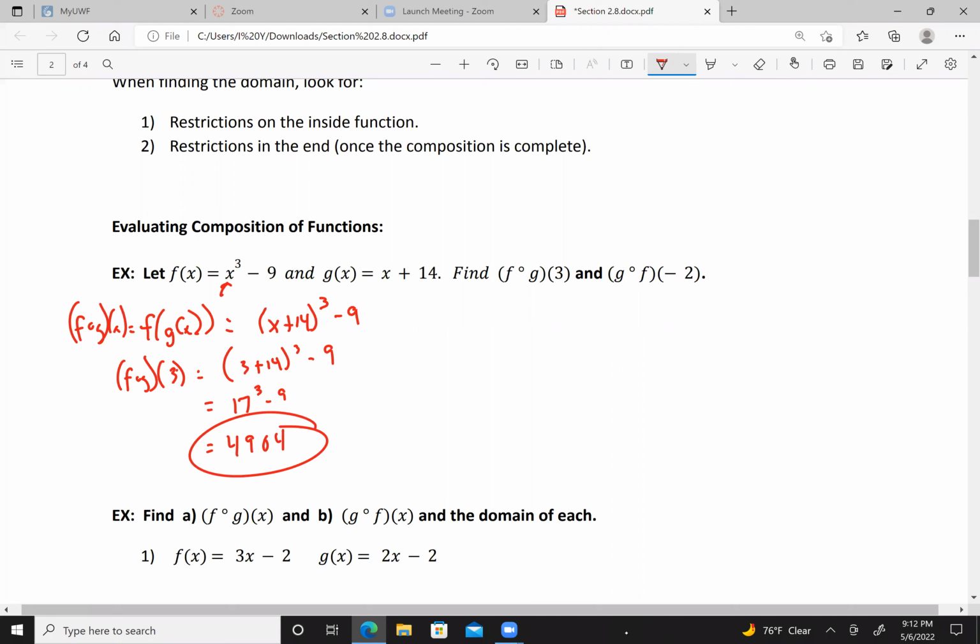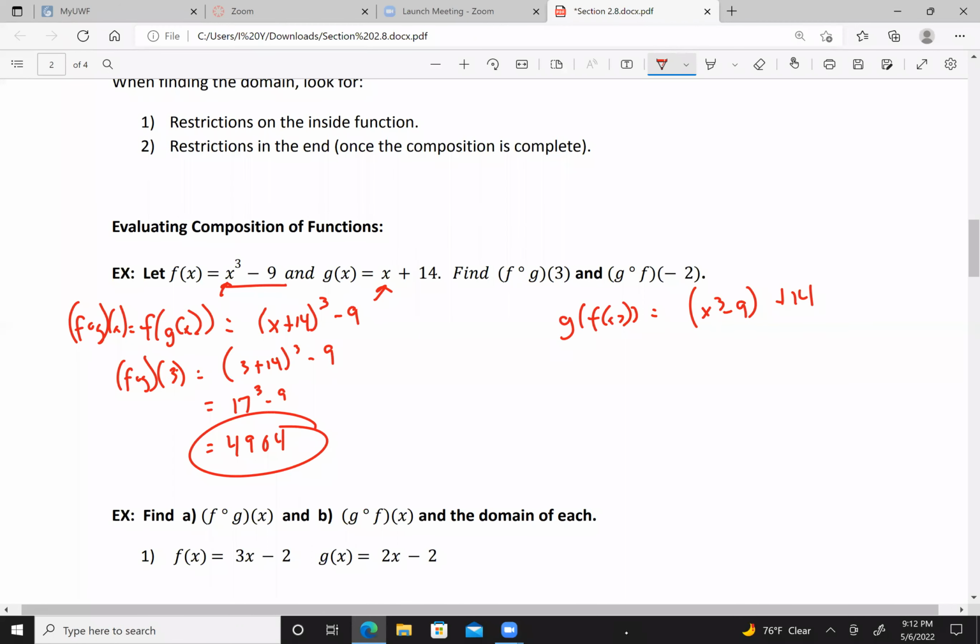Okay, now g of f of x, which means x cubed minus 9, plus 14.